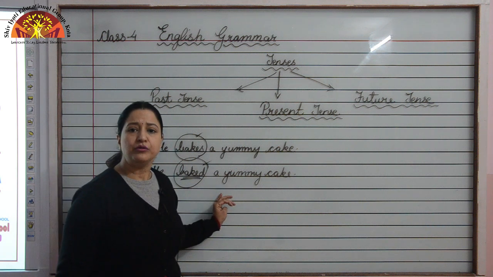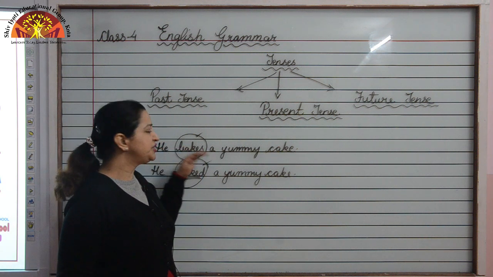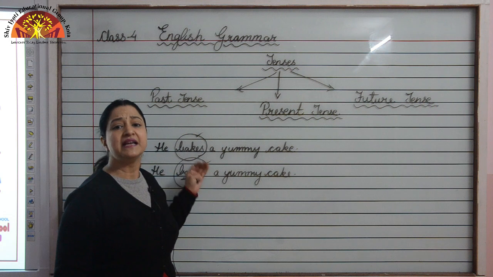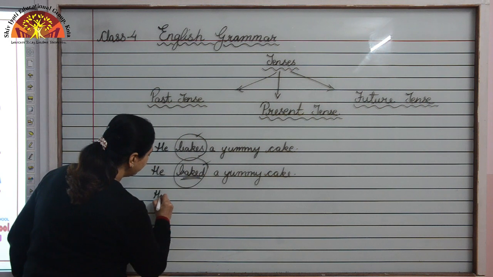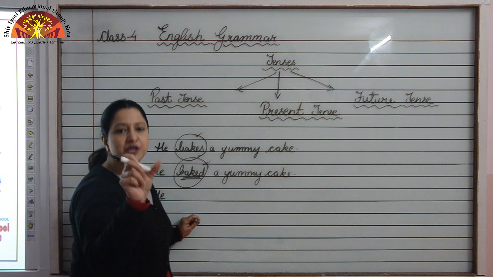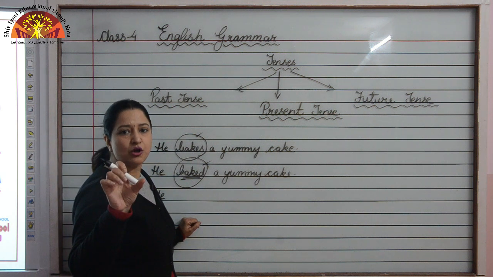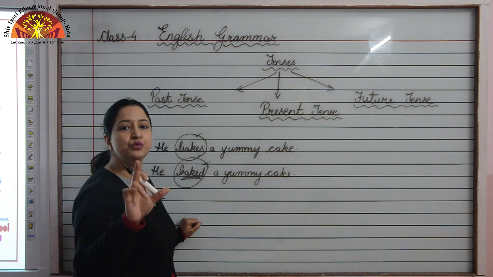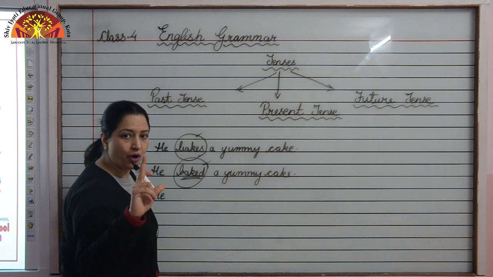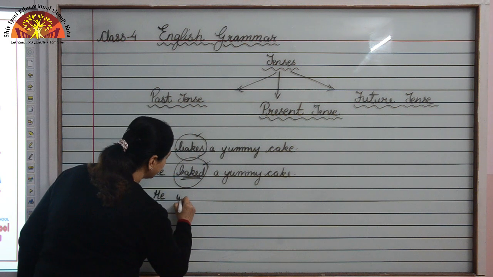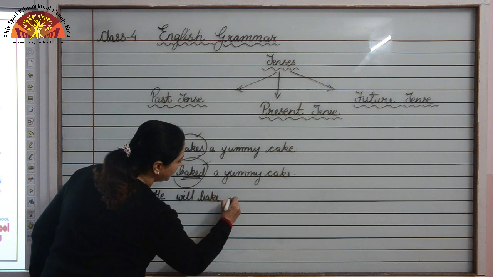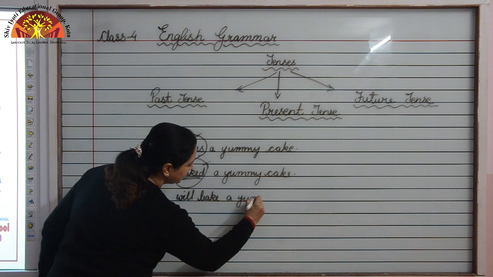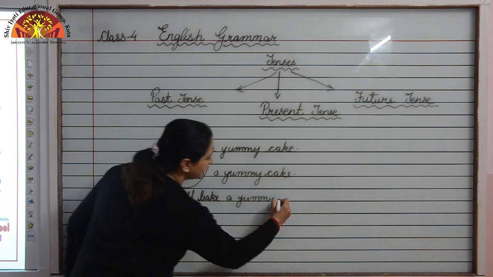Now let's talk about future tense. If we want to change any of these sentences into future tense, what do we have to do? We will use will. To make a sentence of future tense, you have to use will with the first form of verb. So, he will bake a yummy cake.